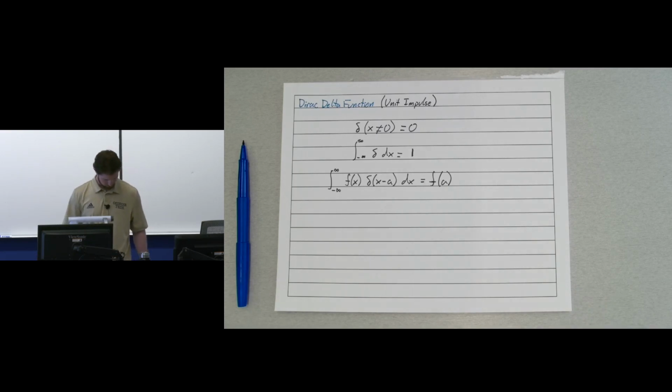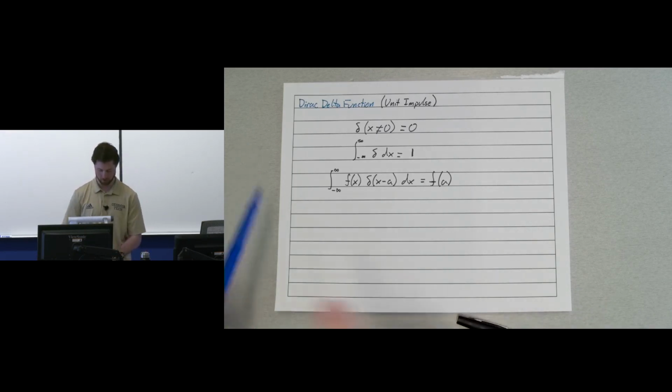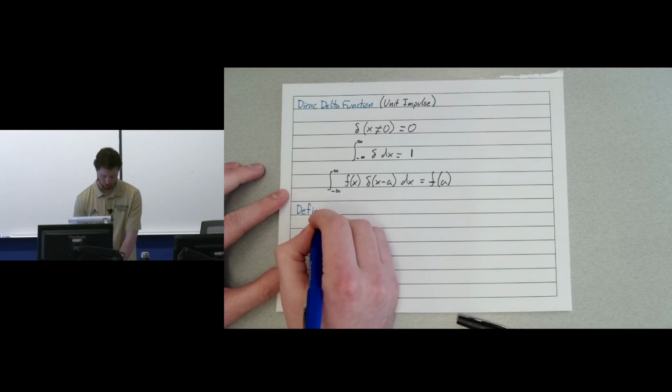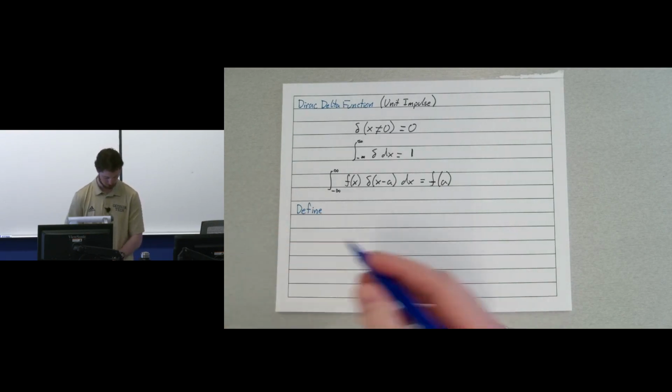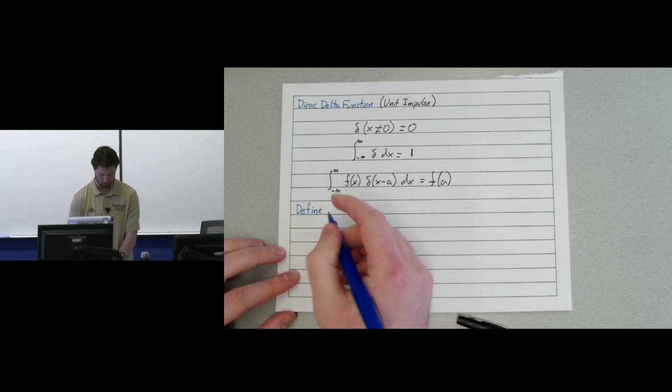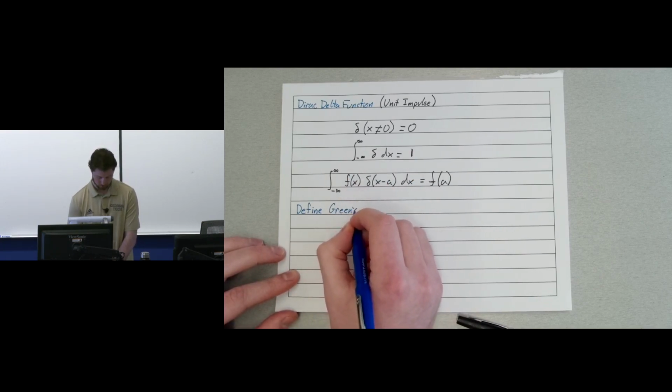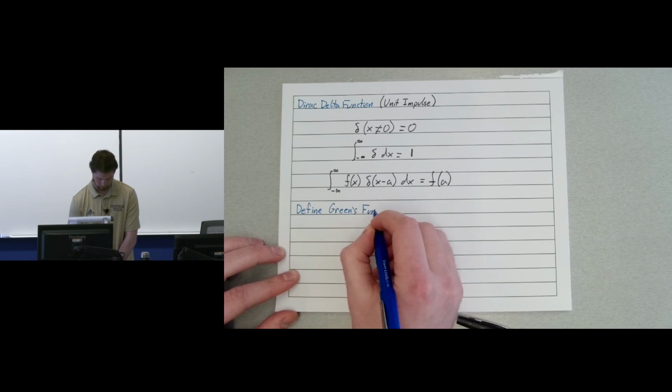All right. So we are going to now take what we have here where we can turn on and off a point source or a time source, because we can do this with time as well. We're going to define this generic Green's function here.